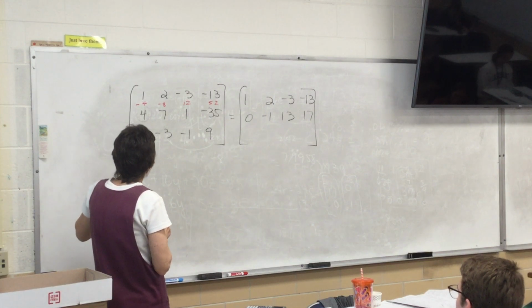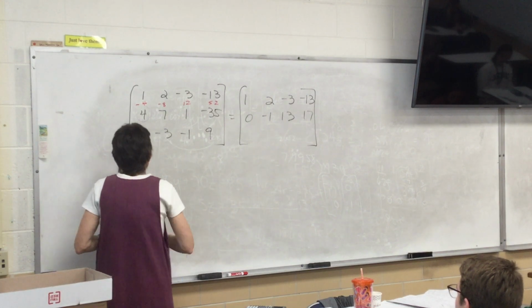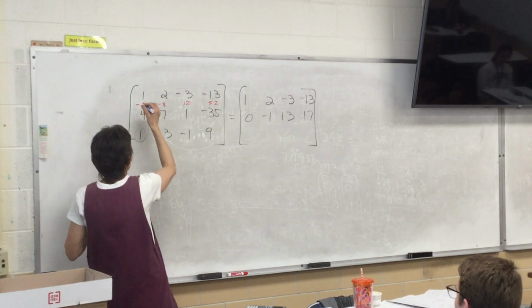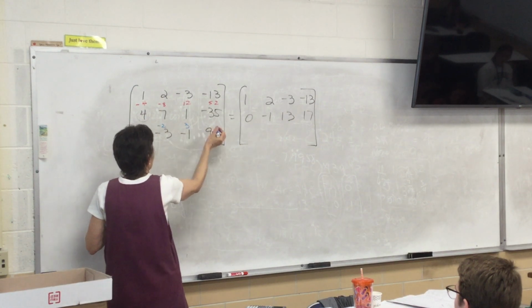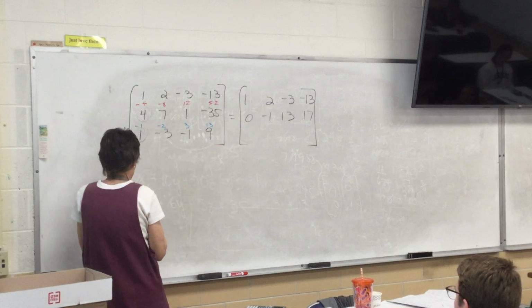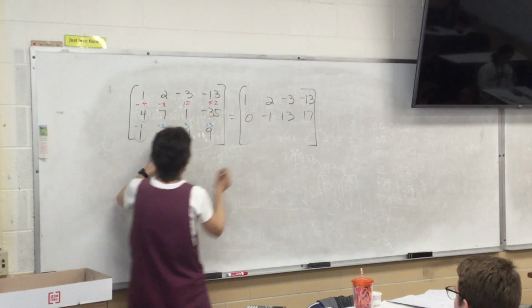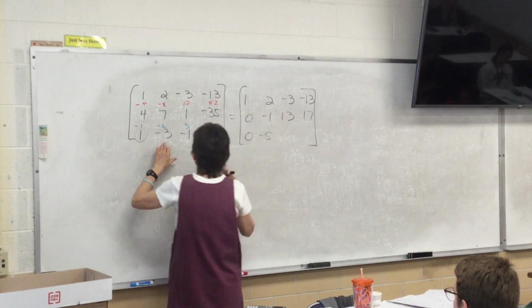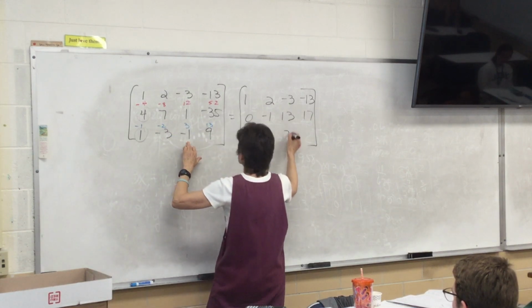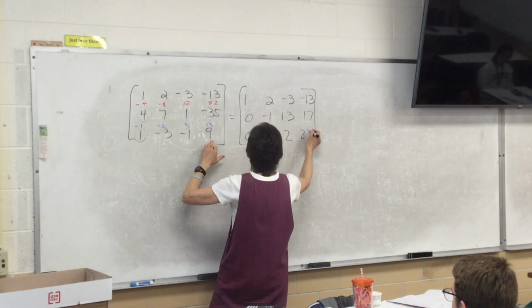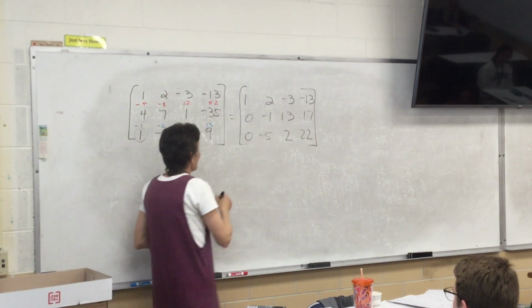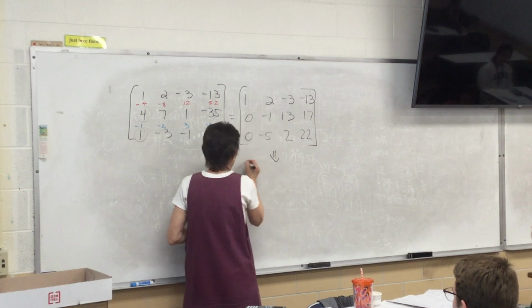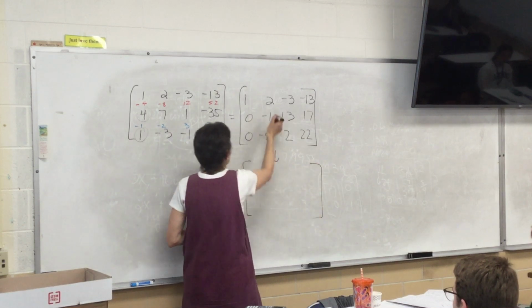Now I need to get a 0 here, so I'll just multiply the top row by negative 1. And I get 0, negative 5, 2, and 22. So now I need a 0 here.